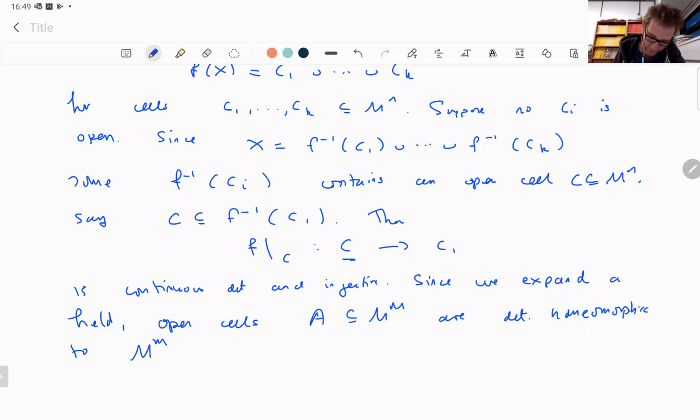So C is definably homeomorphic to M to the n, and C1 is definably homeomorphic to M to the l for some l less than n.